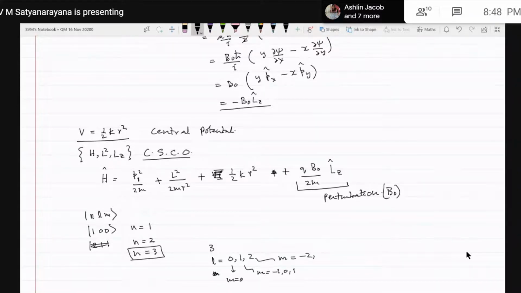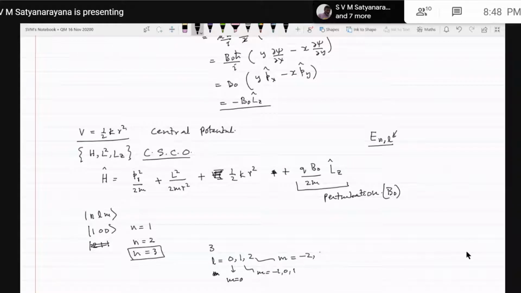But the energy will also depend on l, so the energy will depend on both n and l. It will not depend on l only for the Coulomb potential.